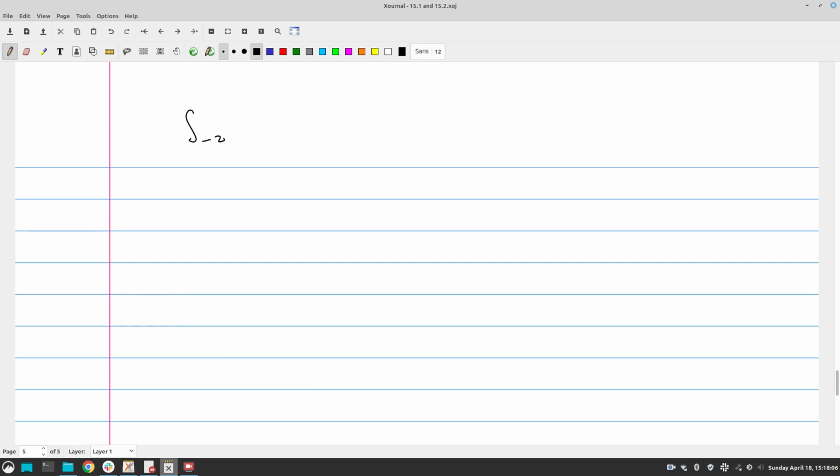So we have the integral from -2 to 2, from -1 to 1, of the square root of 1 minus x squared dx dy, right? So what is this equal to? The integral from -1 to 1 of the square root of 1 minus x squared dx. How do we evaluate this?